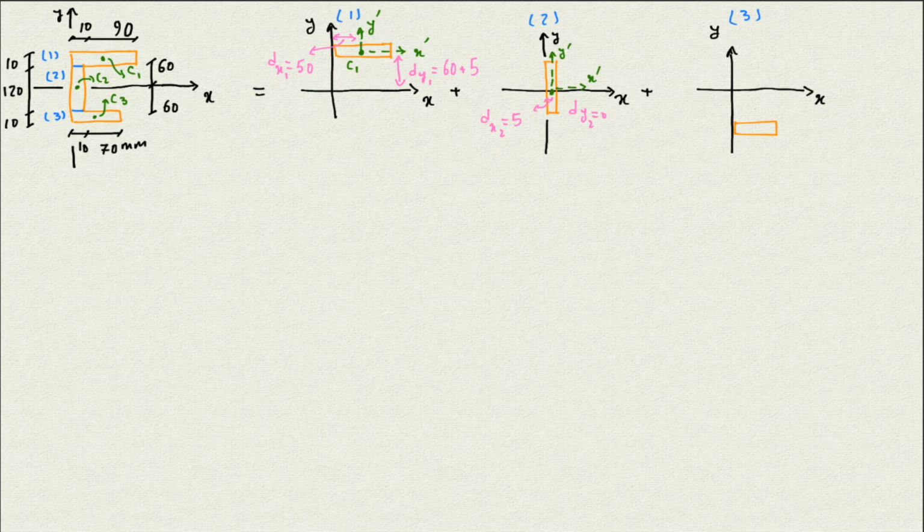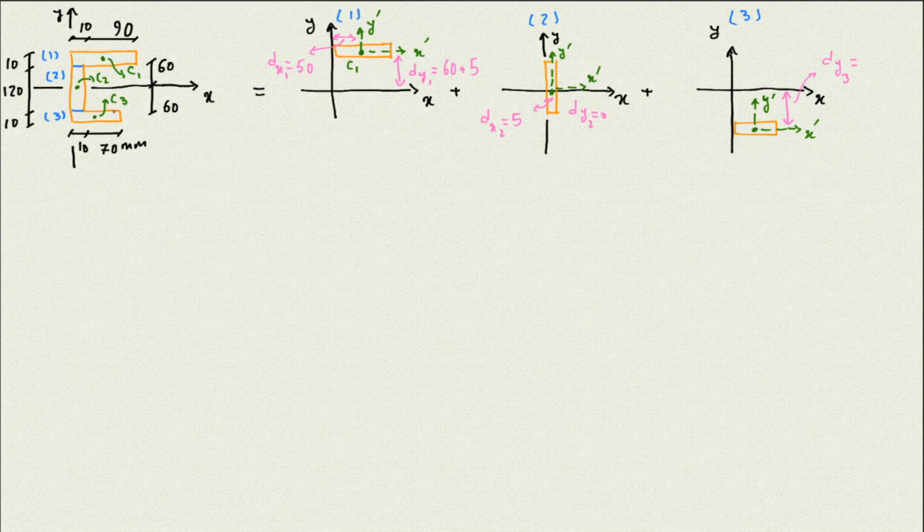And for the last one, the centroid is here, and this is the x prime, and this is the y prime. And again, the distance between the x-axis here, let me write it off, is dy3, the distance from here to the center of that.